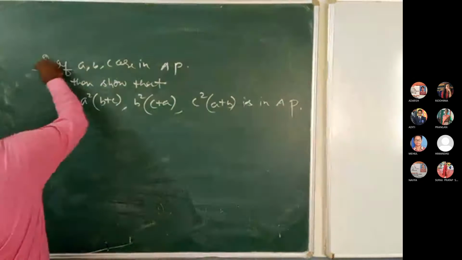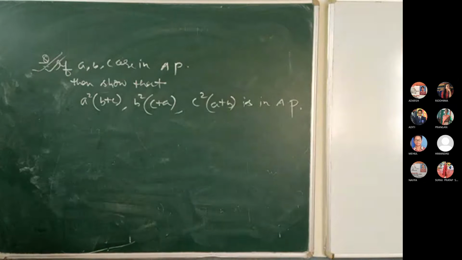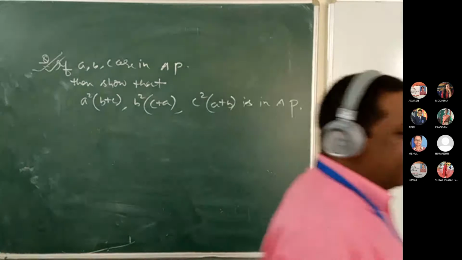Please try for a minute, everyone, this is the question. If A, B, C are in AP, then prove that A squared (B plus C), B squared (C plus A), C squared (A plus B) is in AP. Please try.